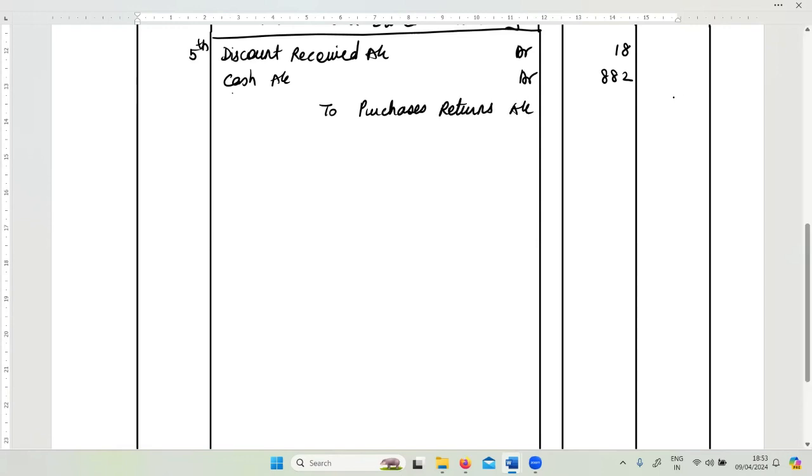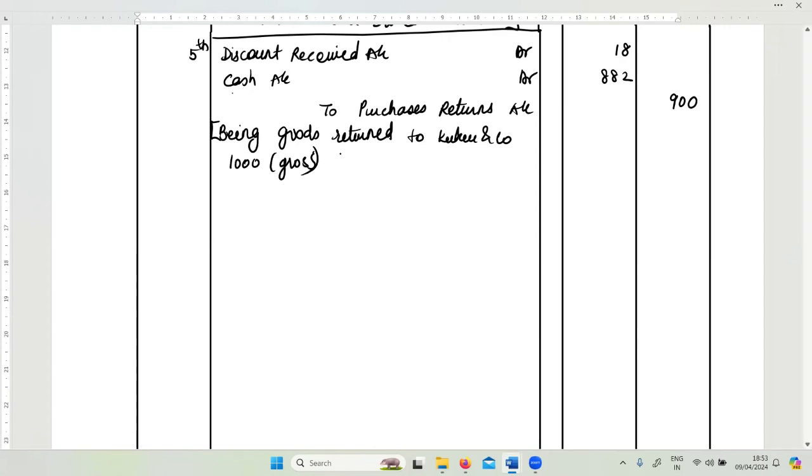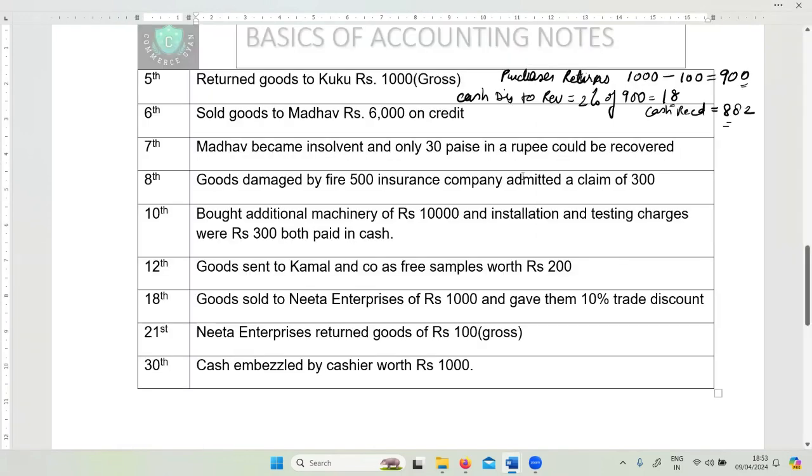This amount will be 900, being goods returned to Cuckoo and Company. $1,000 gross. Okay, I'm writing here. So you know that you're reversing the trade discount and the cash discount that they gave. Fine. So that ends the transaction.